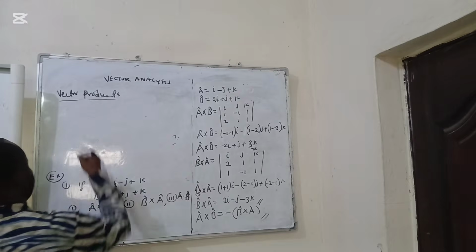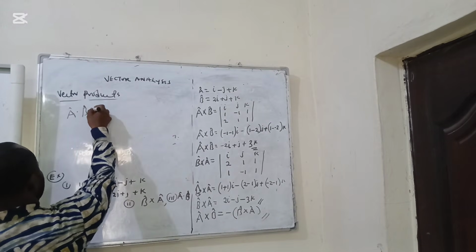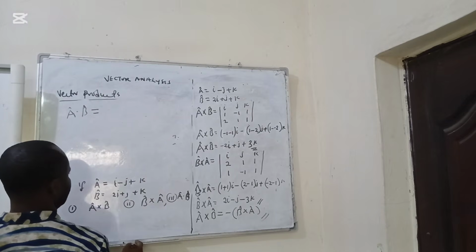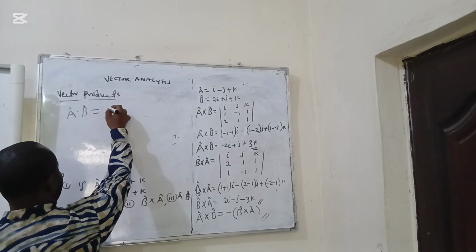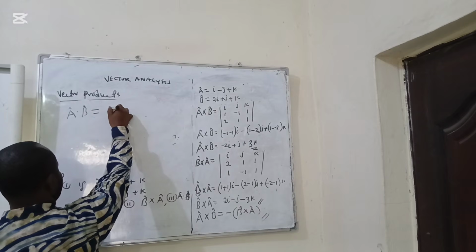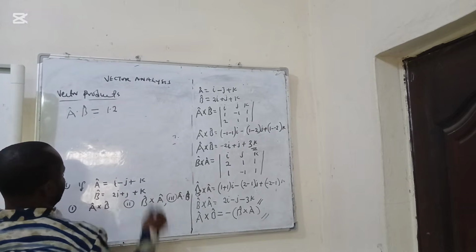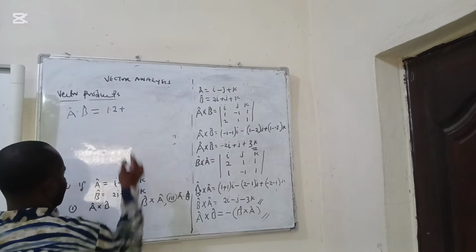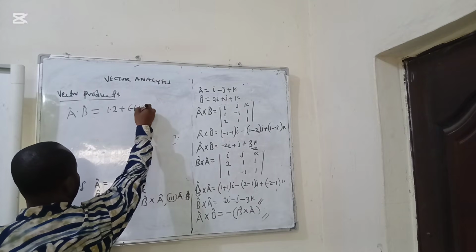And finally, we are asked to look for the dot product of both of them. So we have A dot B. That is giving us this times this, so that will be 1 dot 2, plus this times this, so minus 1 dot 1.